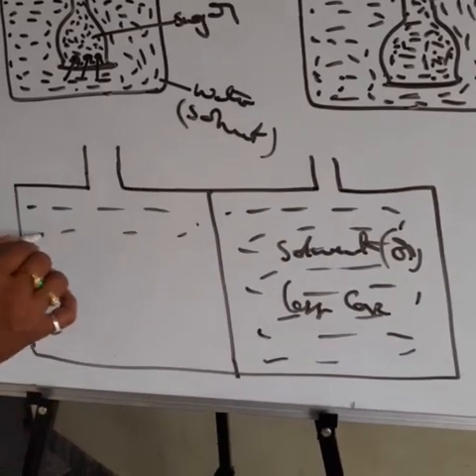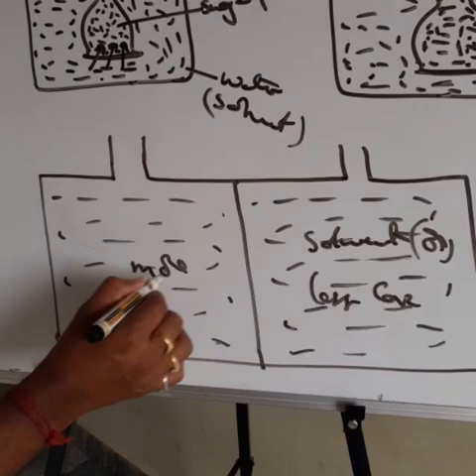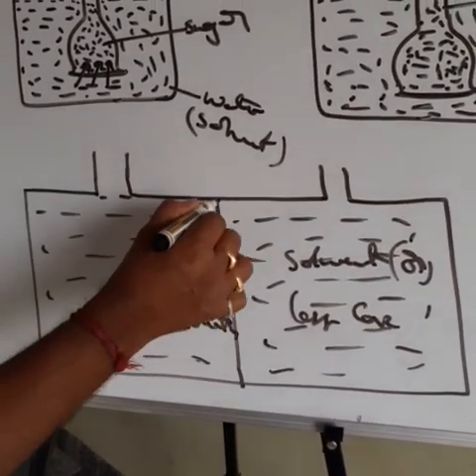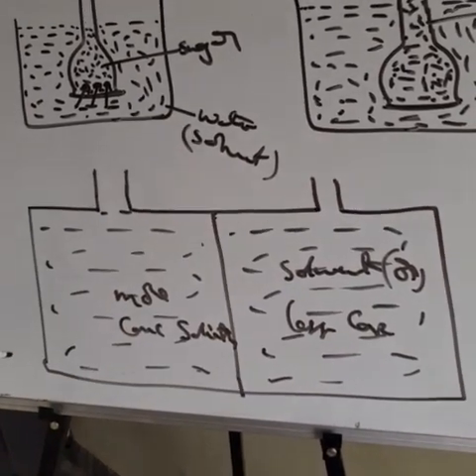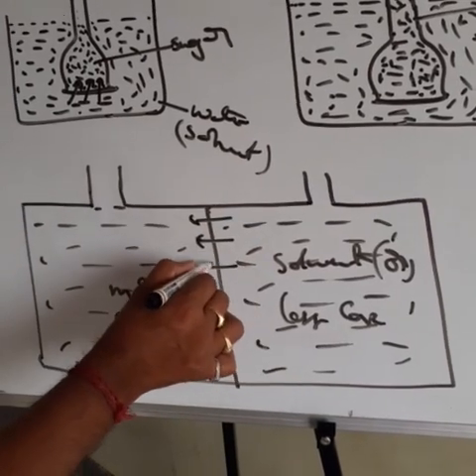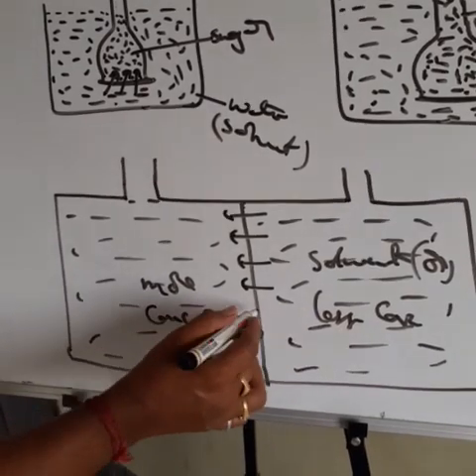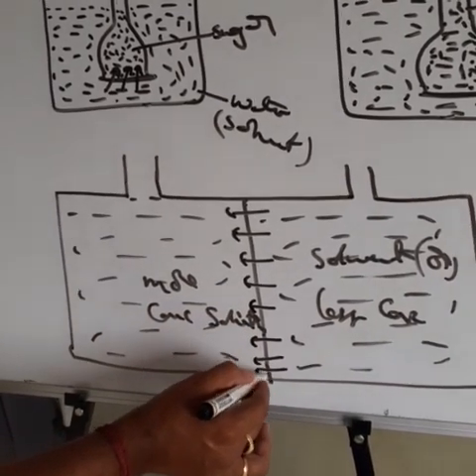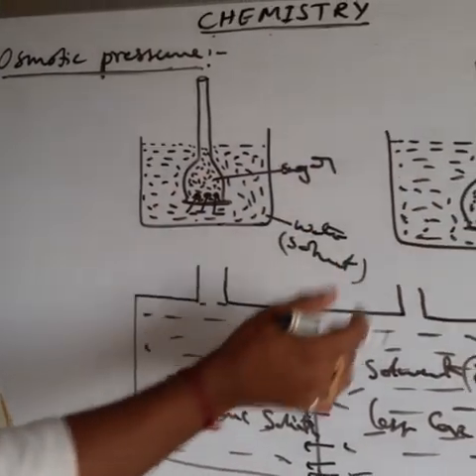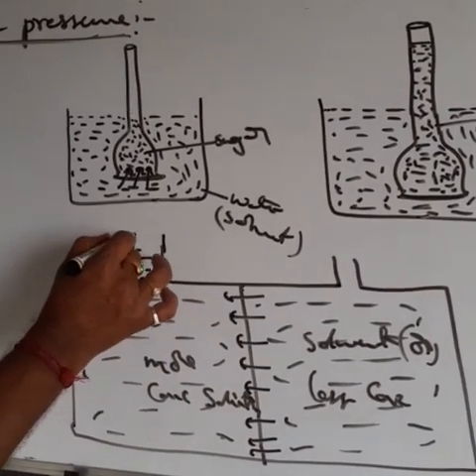This is the more concentrated solution. According to the osmosis process, the solvent particles flow from the solvent, or less concentrated solution, to the more concentrated solution through the semi-permeable membrane. This is called osmosis. It causes your water level or solution level to increase.